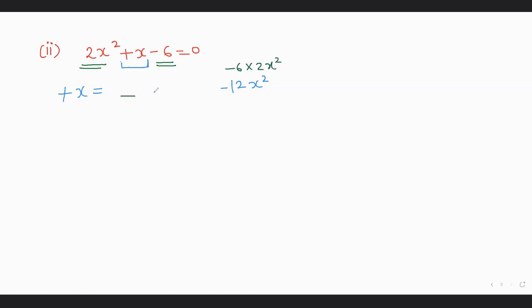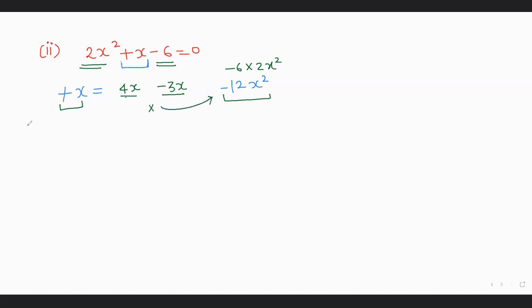So now we have to fill this in: how to take those two factors such that their product is minus 12x square. So I can take 4x and negative 3x. You see 4x minus 3x will be plus x. And if you multiply both, you will get minus 12x square.